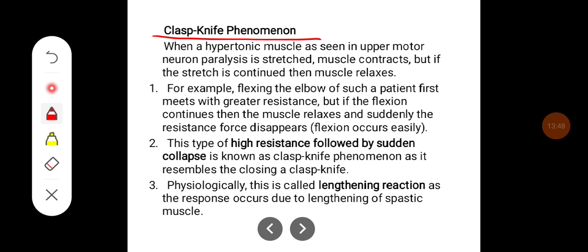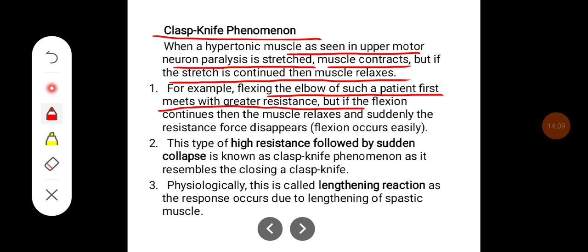Clasp knife phenomenon. When a hypertonic muscle seen in upper motor neuron paralysis is stretched, the muscle contracts, but if the stretch is continued, then the muscle relaxes. For example, flexing the elbow of such a patient first meets with a greater resistance, but if the flexion continues, then the muscle relaxes and suddenly the resistance force disappears, that is flexion occurs easily, and this is called clasp knife phenomenon.